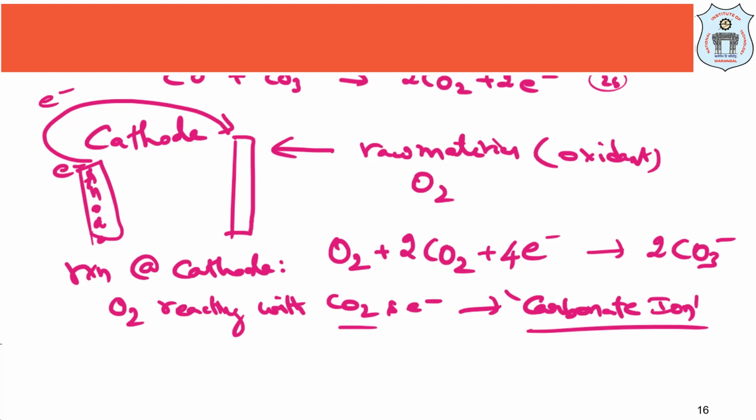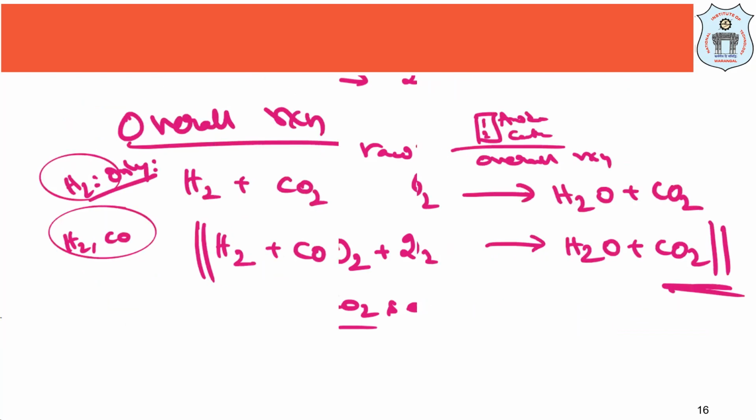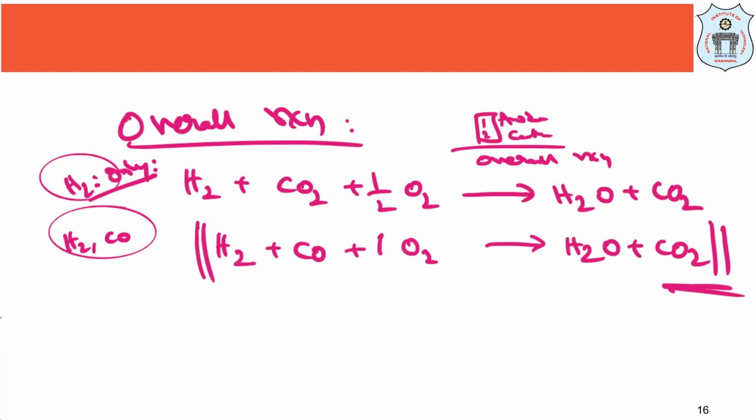Oxygen is reacting with CO2 and electrons to form carbonate ions. So here we get carbonate ion production, with the CO2 formed at the other side, because we have seen that CO2 and water are formed there. So this is the reaction taking place.